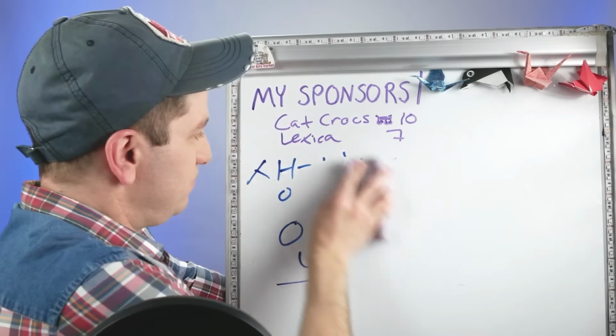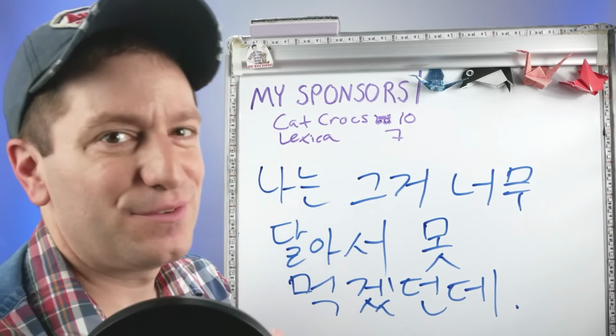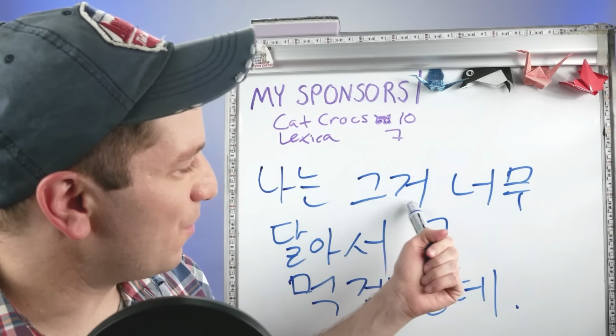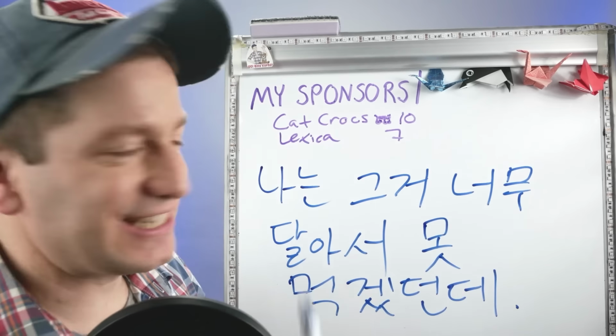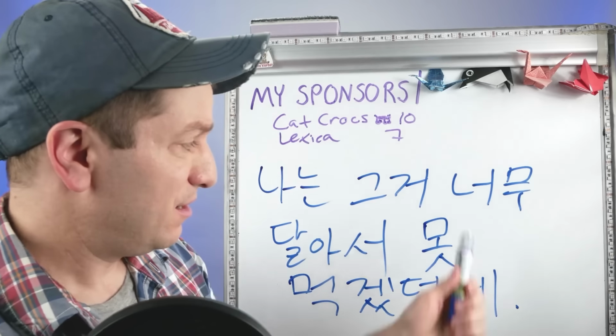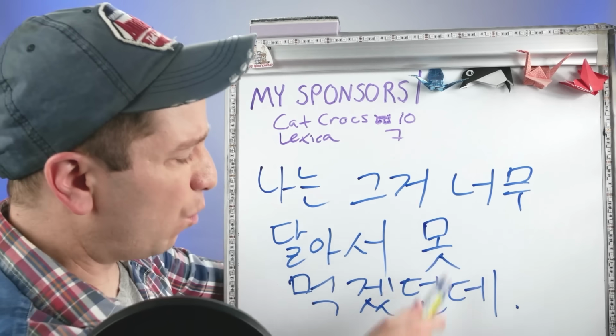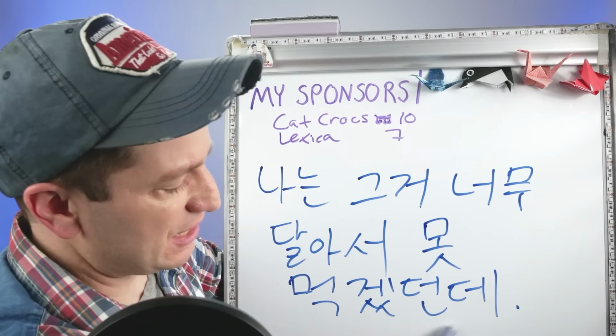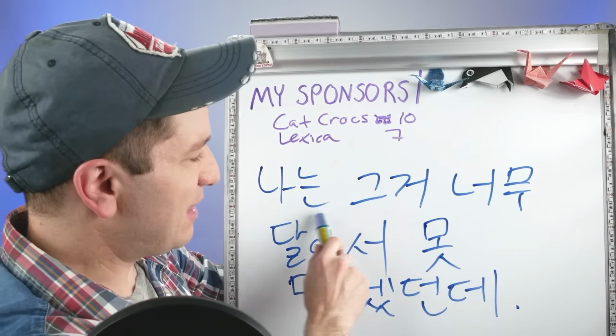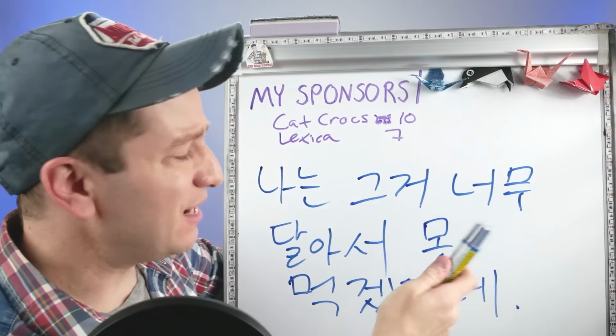What about you? 나는, me. For me, 그거, that thing, 너무 달다. 달다 is to be sweet. 너무 달아서. That was, we know it's going to be was because we're seeing 던 at the end, it's past. So that was too sweet for me.